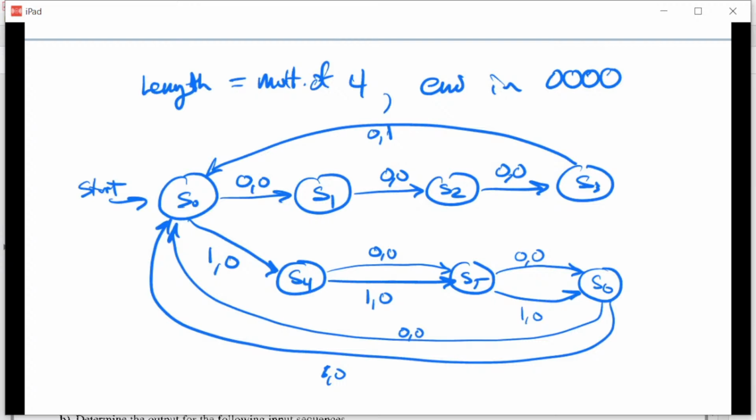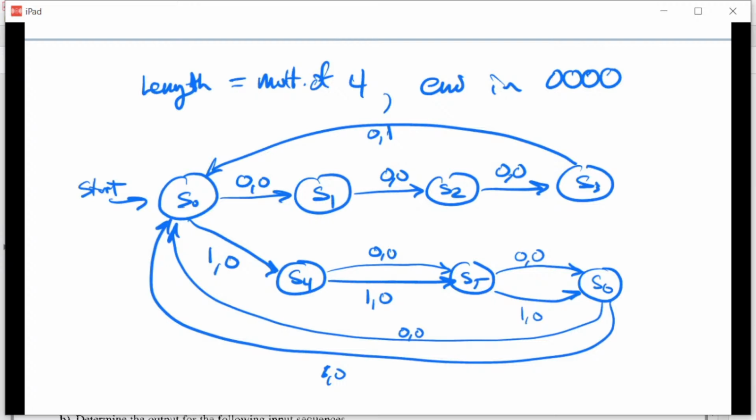So these are telling me how many bits, or how many characters, I have. And since I want a multiple of 4 and to end in this, the only way I'm going to start my counting of zeros to see if I've successfully got an end with 4 zeros is if I'm back here. So in any other situation, I'm just keeping track of the number of characters.